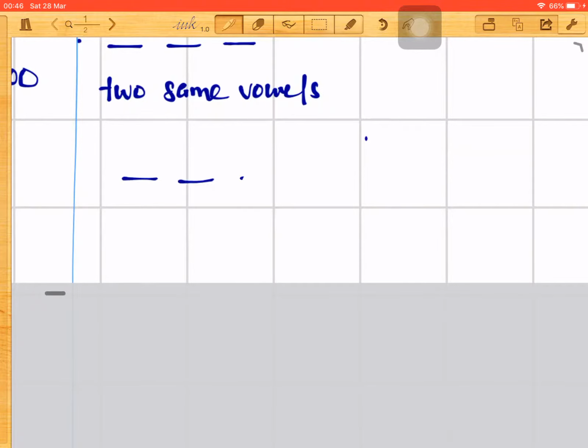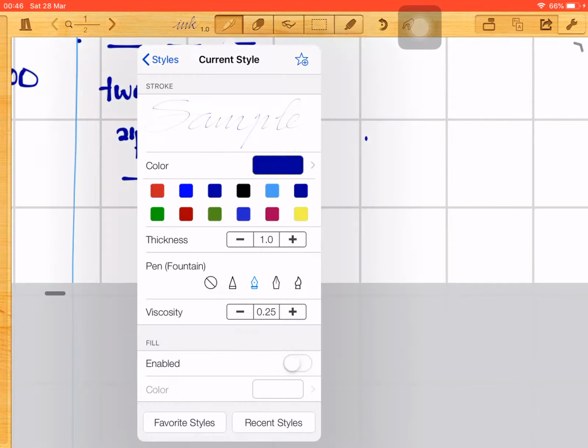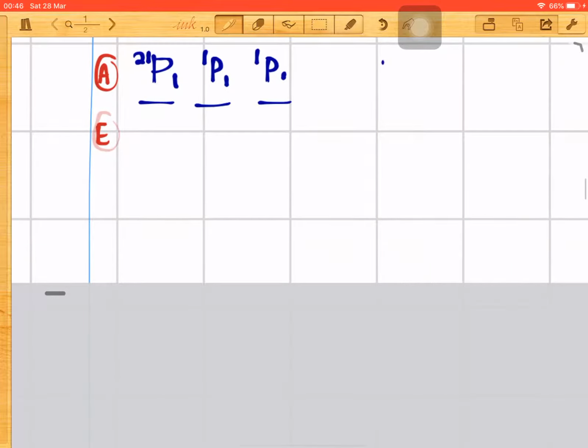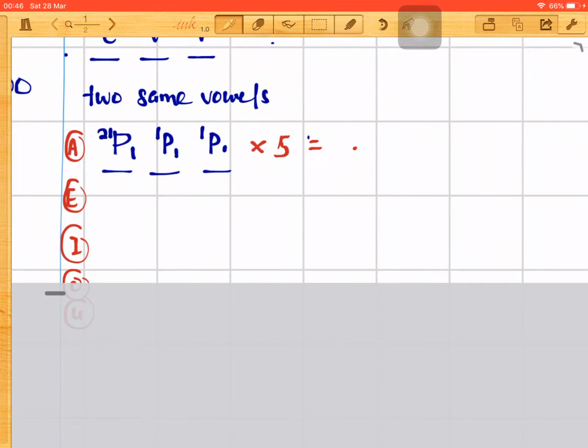So it's gonna be 21P1 and 1P1, 1P1. And actually you have just done this for A. You have to do for E. You have to do for I, O, and U. So all this you just times 5. And the answer you get is 105.